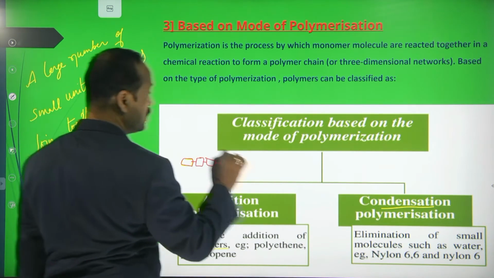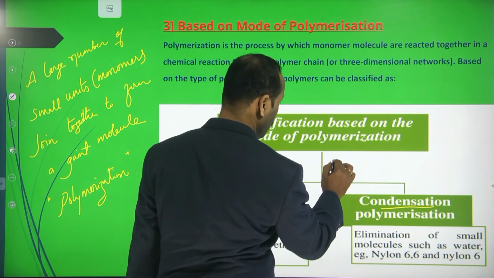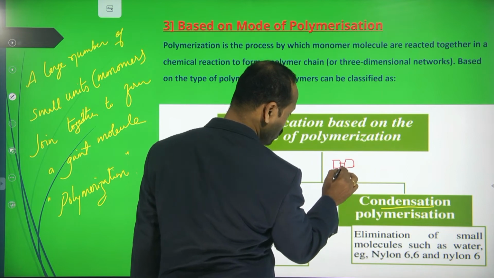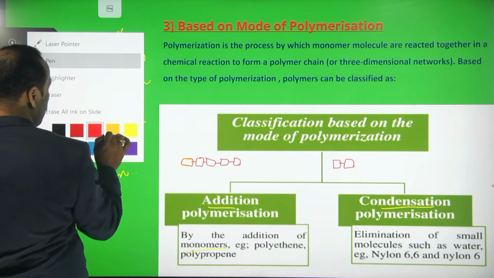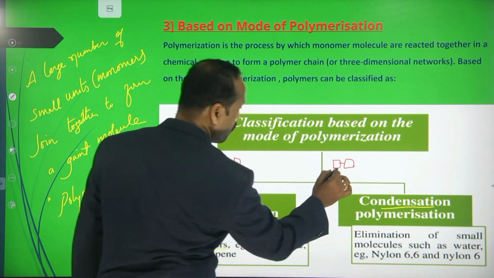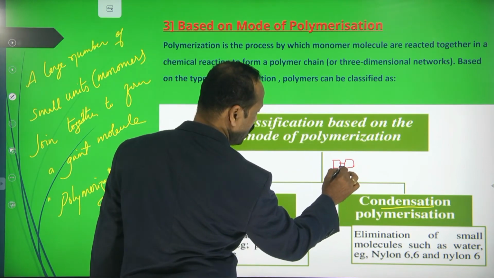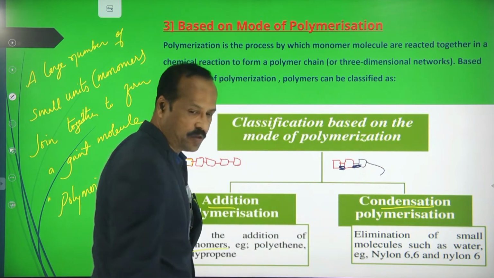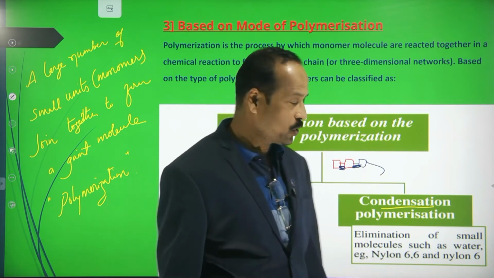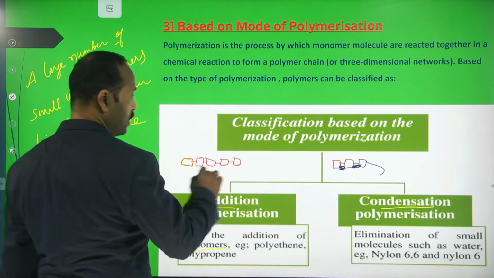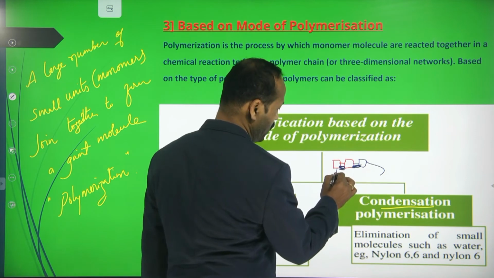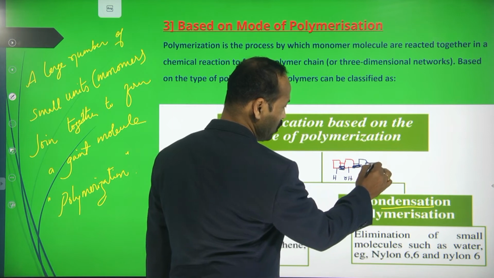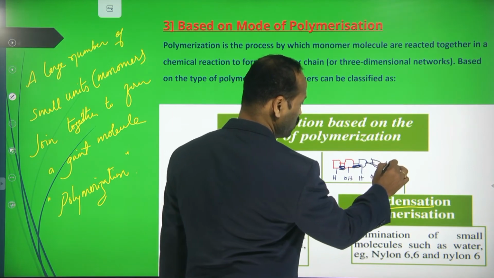But here, for example, this is one molecule and this is one molecule. When these both join, some part of this one will be lost, and some part of this one will be lost. Again they join, and some part is lost. Generally they lose a water molecule. For example, from here it lost one hydrogen, from here an OH, again a hydrogen, an OH, a hydrogen, an OH.